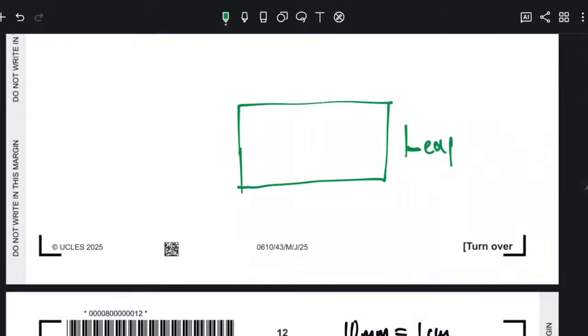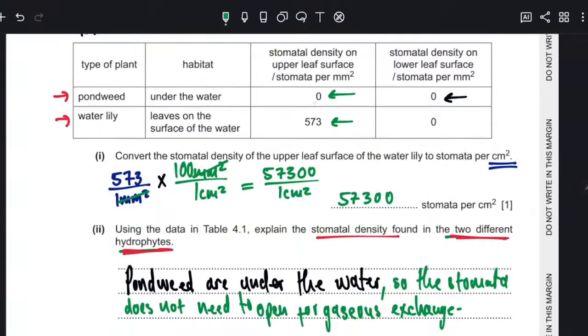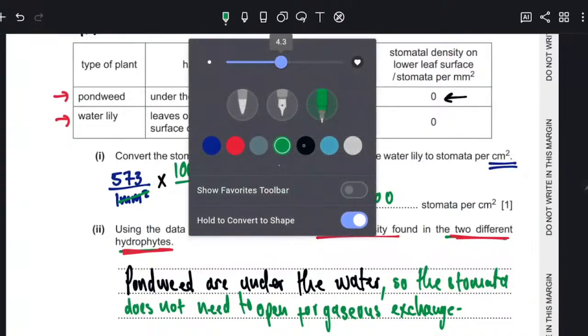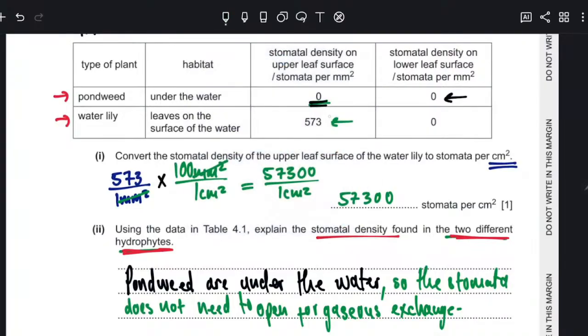If I take a part of a leaf, how many stomata do I find in there? If I take here for pondweed, I found nothing. I found no stomata at the top. I found no stomata at the bottom. Here I found stomata at the top, which is normal.